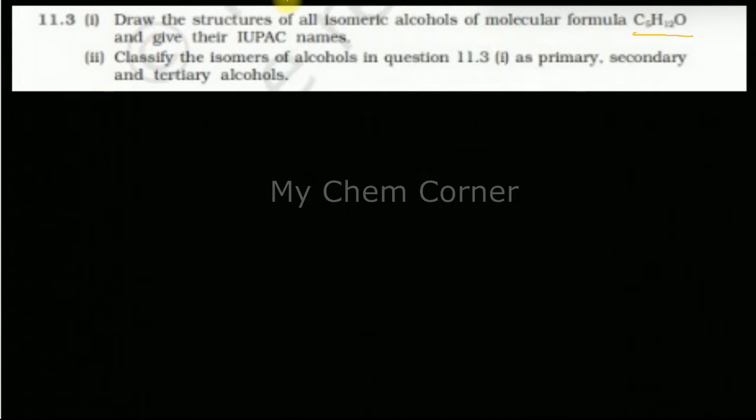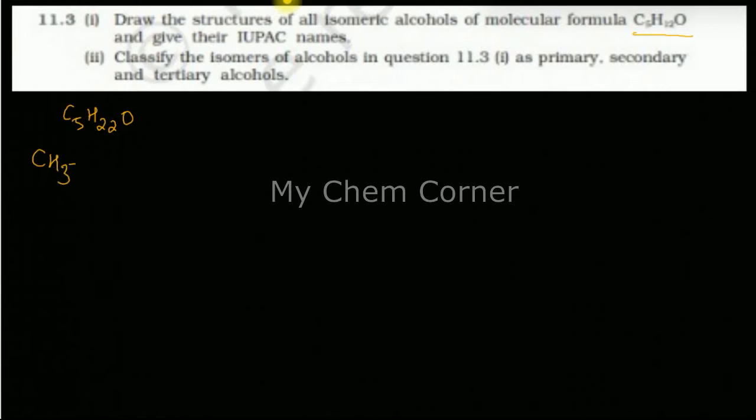Alright, so here the question given to us is C5H12O. So basically there is no restriction. You just have to maintain this formula, but ensure that all the products that you're forming are alcohols. Okay, so first thing, our open chain structure we can draw, which is the simplest one.